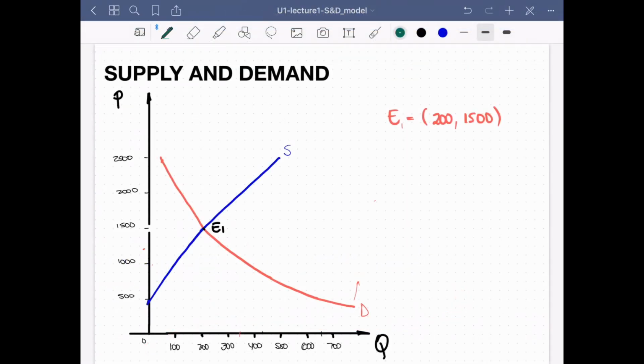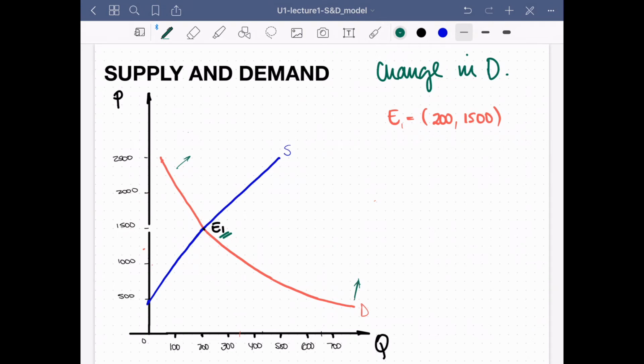So once we understand that the equilibrium point comes from the intersection of supply and demand curves, we can start analyzing what happens when we have a demand change. Assume that we have an increase in demand. This will mean that the demand curve shifts outward.